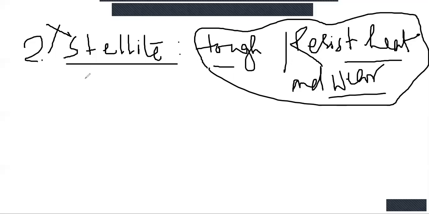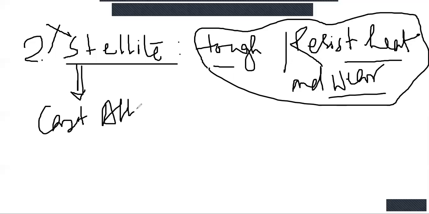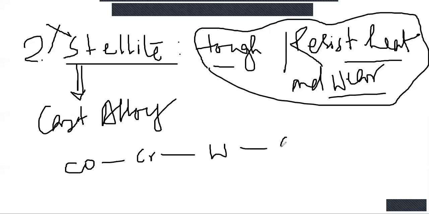That is why stellite is not used nowadays. Stellite is basically a cast alloy material. The composition is cobalt, chromium, tungsten, carbon. Cobalt is 40 to 50%.